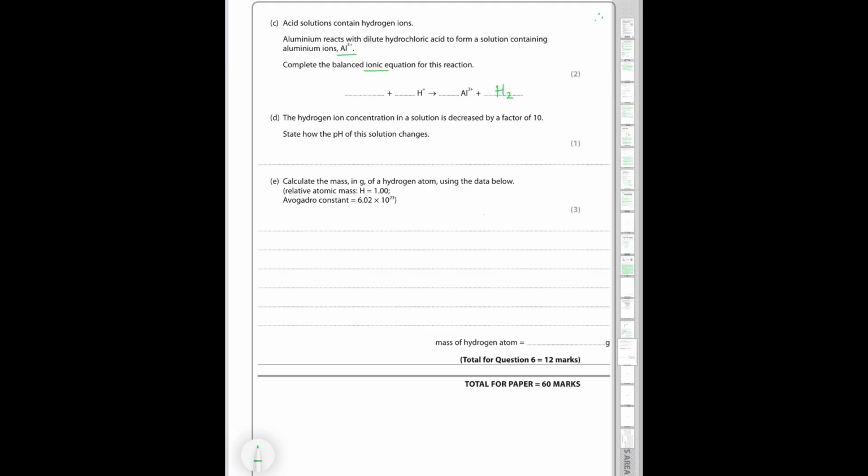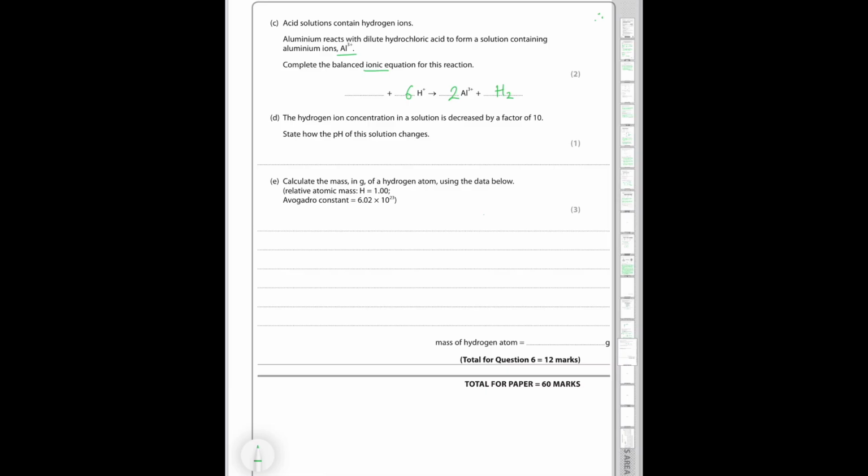Now, if we've got 3+, we want to have a number that 3 and 2 both go into, so that would be 6. So to make our 6+ aluminiums charged here, we would have to do 2 times Al3+, and to get 6+ on our reacting side for our hydrogens, we would have to have 6 H+ on our reacting side.